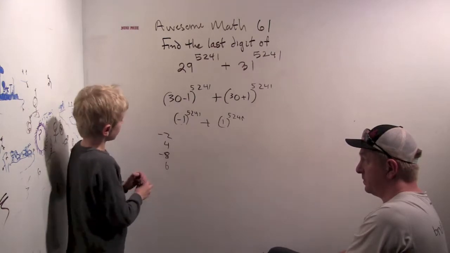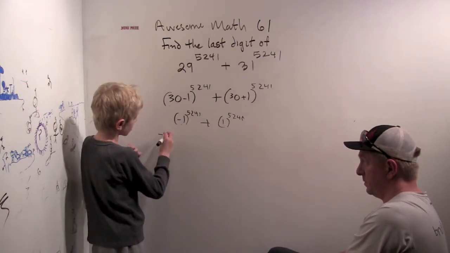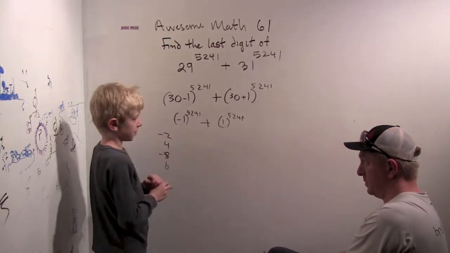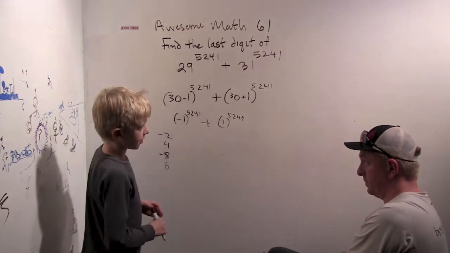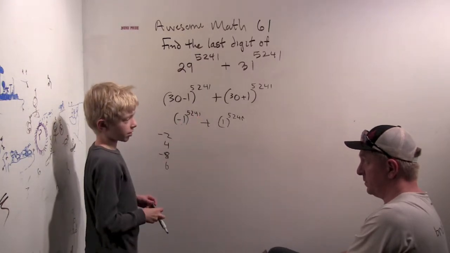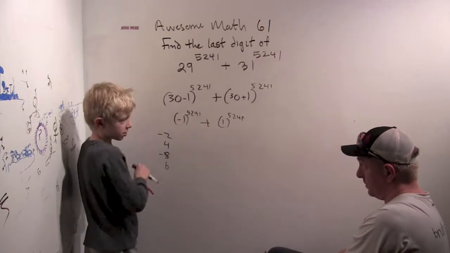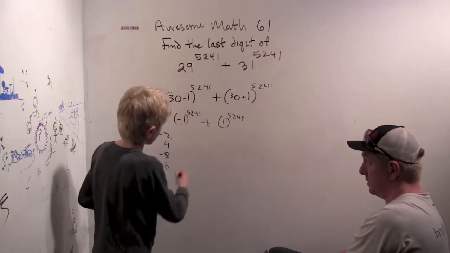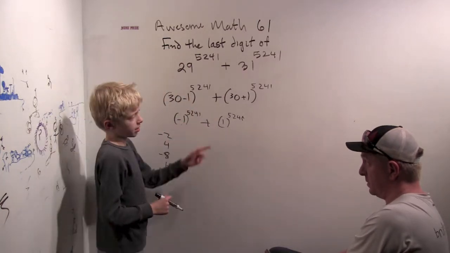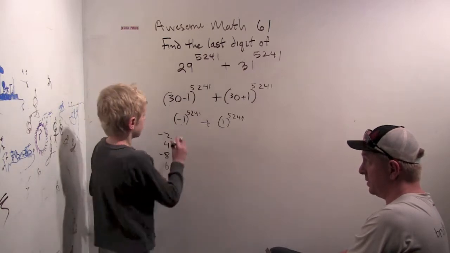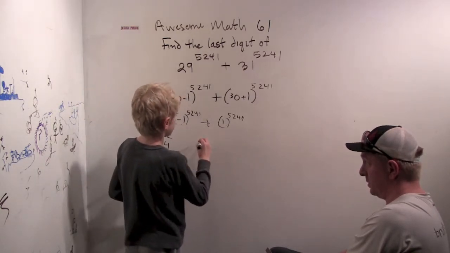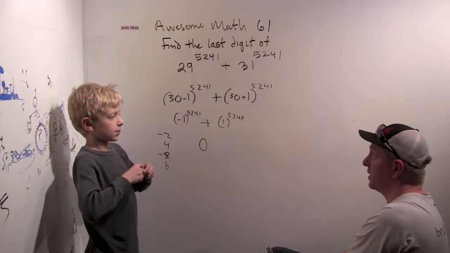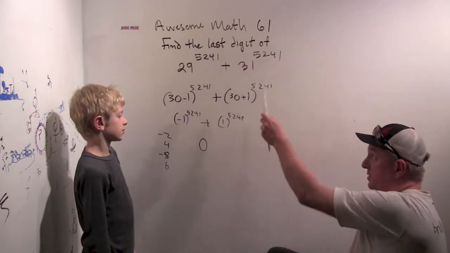So on the odd numbered powers, the negative powers of 2 are negative. It's the same thing for the negative powers of 1, and this is an odd power. So this number is going to be negative. And then this number, it's just the positive powers of 1. It's going to be positive 1 and negative 1. And then negative 1 plus positive 1 is 0. It's 0. And that's the last digit. That's interesting. We think the last digit is going to be 0.